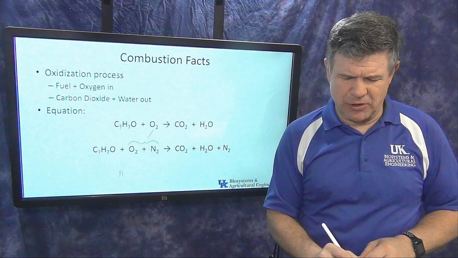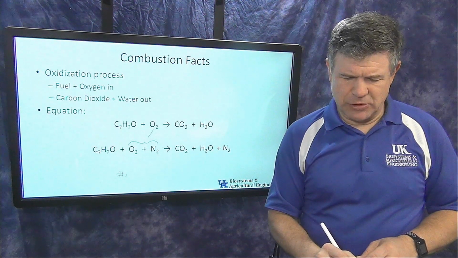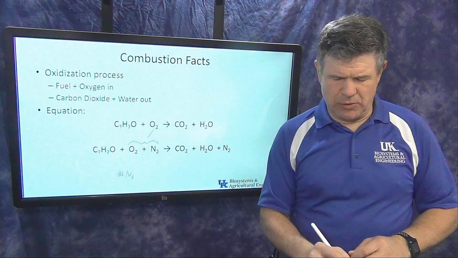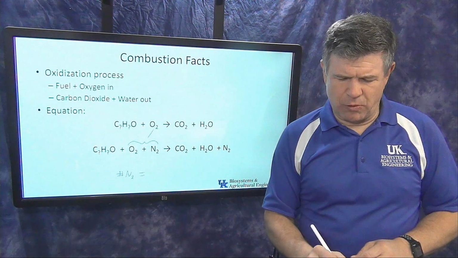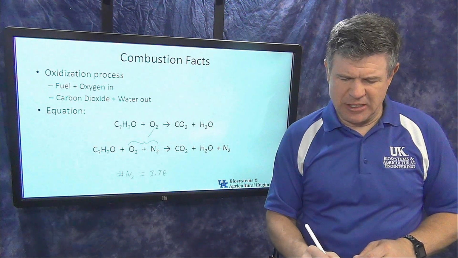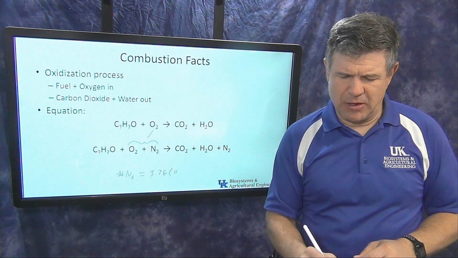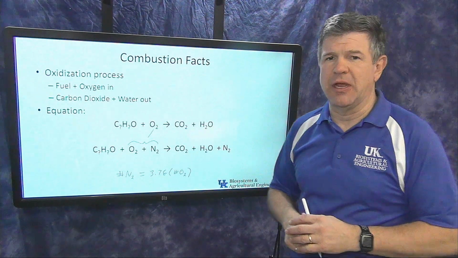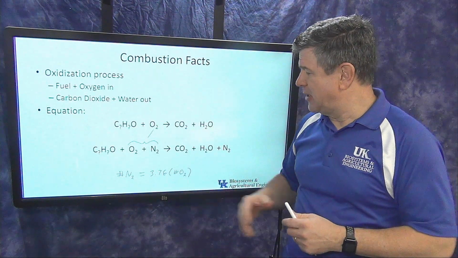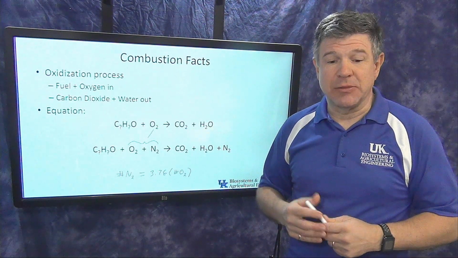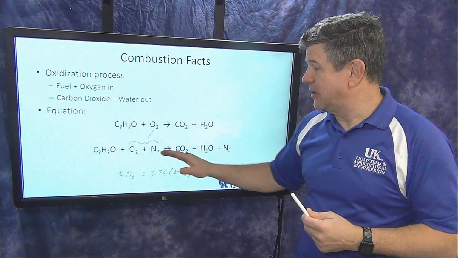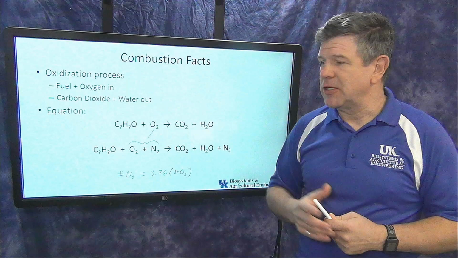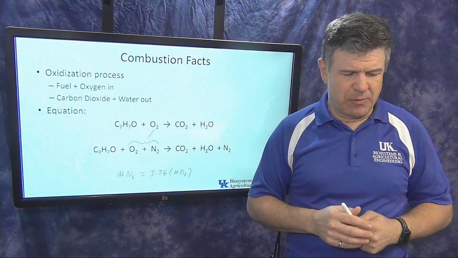The number of nitrogen molecules, the number of N2s, is equal to 3.76 times the number of oxygen molecules, the number of O2s, in the air. We'll use this relationship in some equations as we're balancing these chemical equations and seeing what's really going on inside that engine. So that's one of the relationships that we'll have to remember.